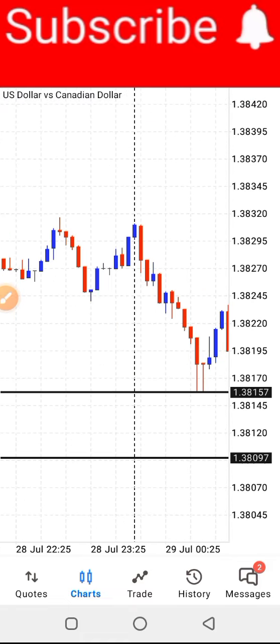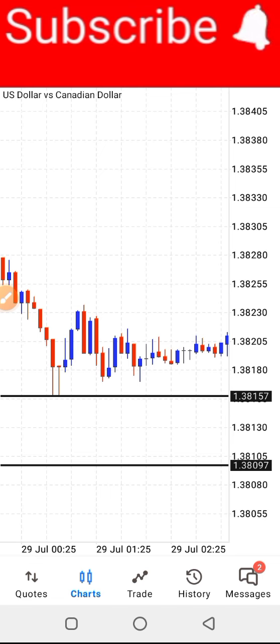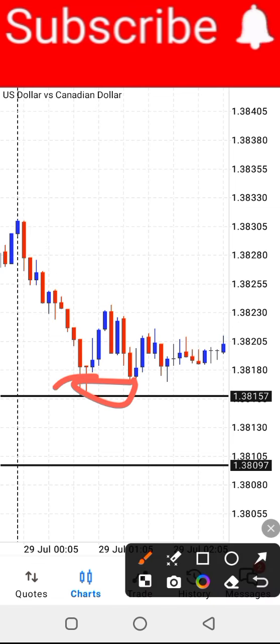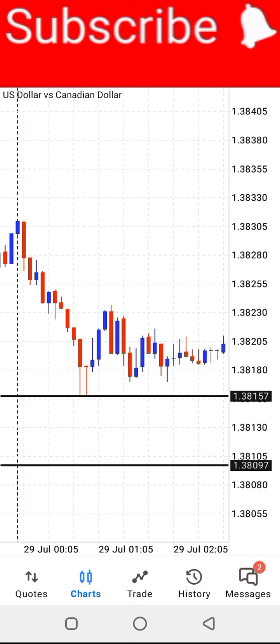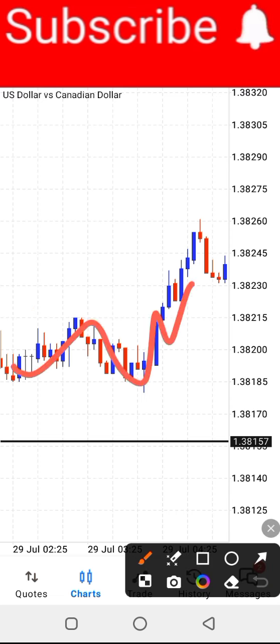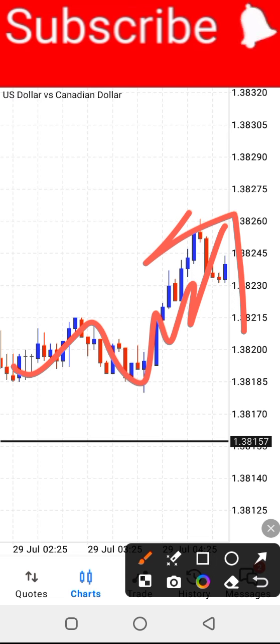Good. So into Sunday, into Monday: on Sunday it did not tap into it, but it tapped into it on Monday and gave us an opportunity to buy. Though it moved sideways for some time, it then pushed in the upward direction to actually make you money.